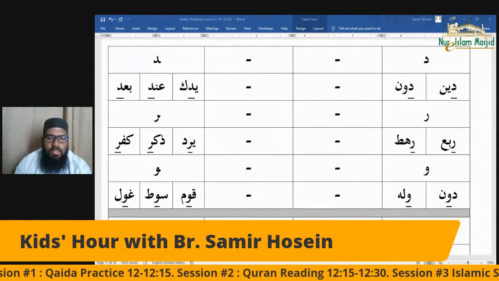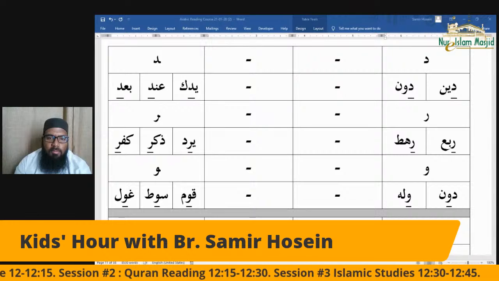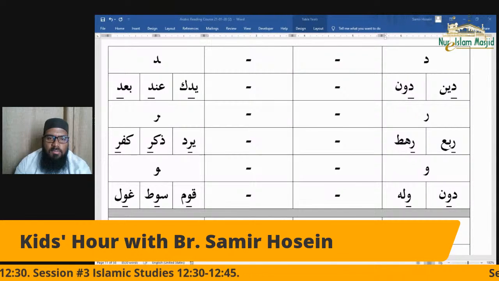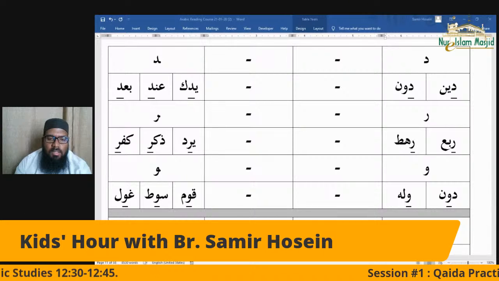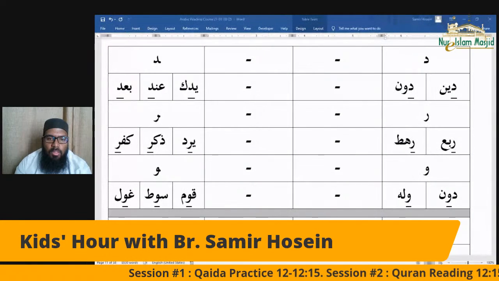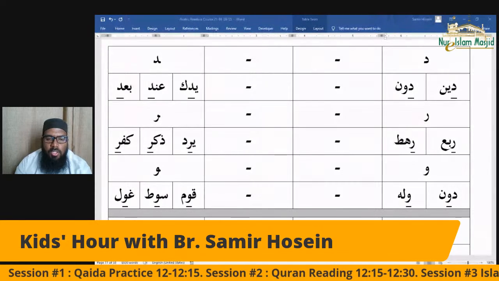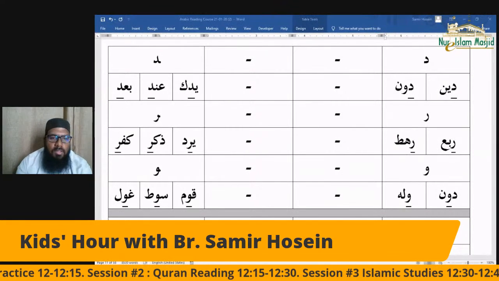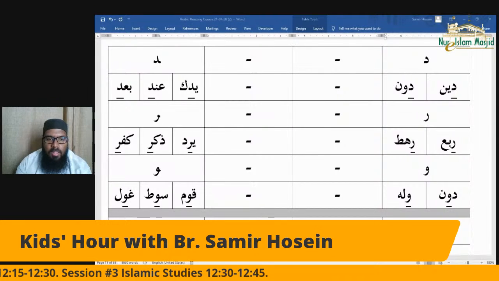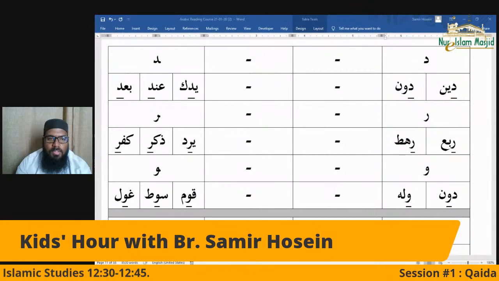So it's very important for us to remember that the letter dal has a distinct curve and is written on top of the line, and the letter ra is written going through the line. If we remember that aspect, then we can differentiate between the letters dal and ra. And then we have the letter waw.